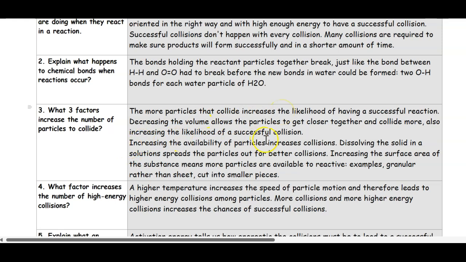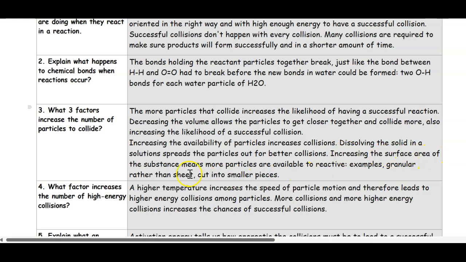In addition, increasing the availability of the particles increases collisions. For example, dissolving the solid in solutions spreads the particles out for better collisions. So this is what we're going to be doing in the precipitation reactions. You're going to see that they react very rapidly because they're so available in the solution, the ions having been spread out in the dissolving process.